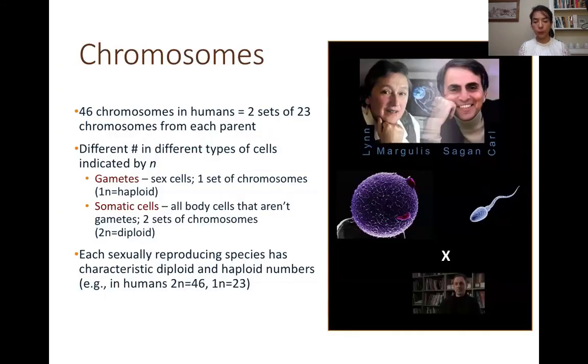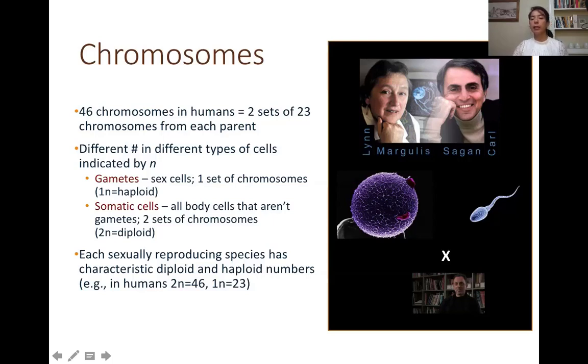Now, just for you to review this, we have chromosomes in humans. We have 46 chromosomes, and that is 2 sets of 23 chromosomes, one from each parent. In this case, I am using Lynn Margulis, who is one of my heroes in biology. She was married to Carl Sagan, and they had Dorian Sagan.